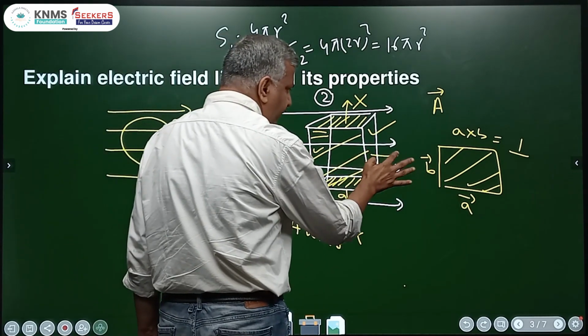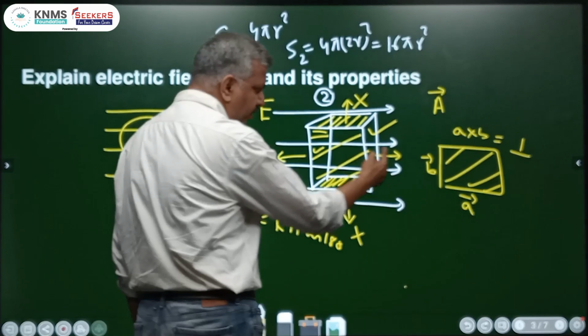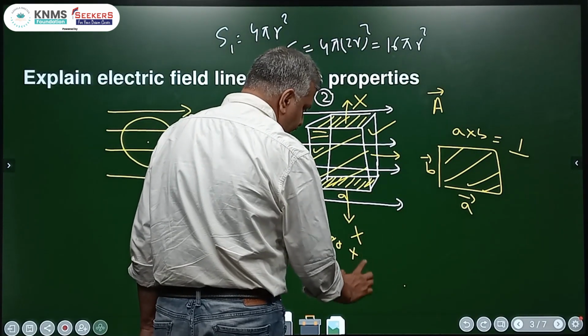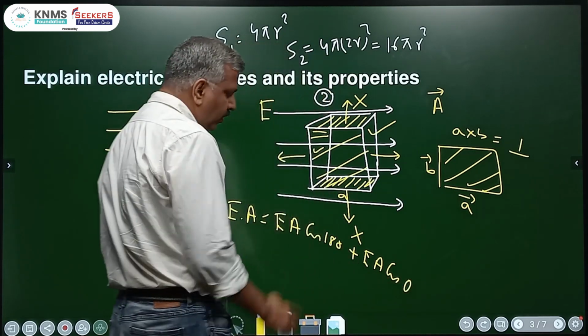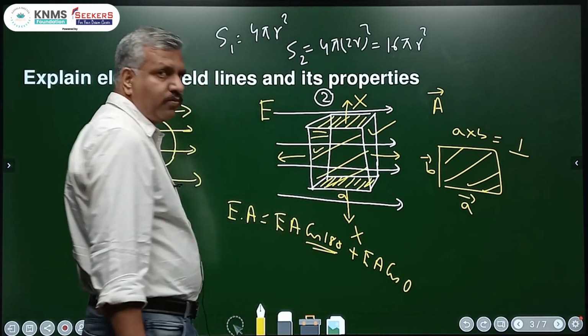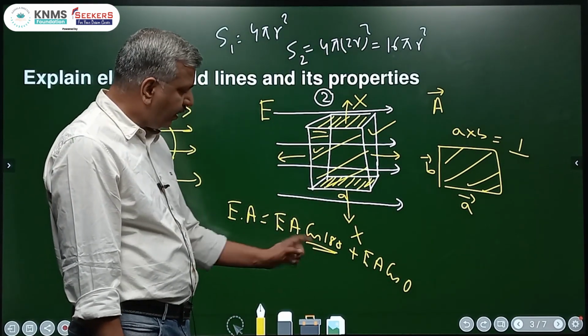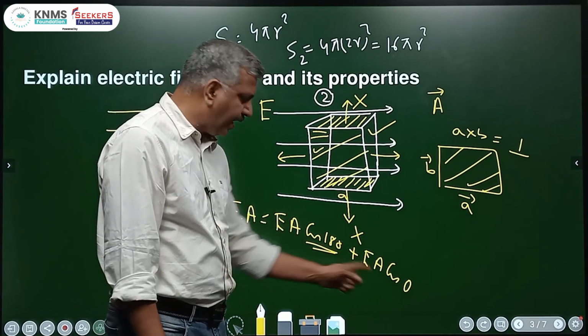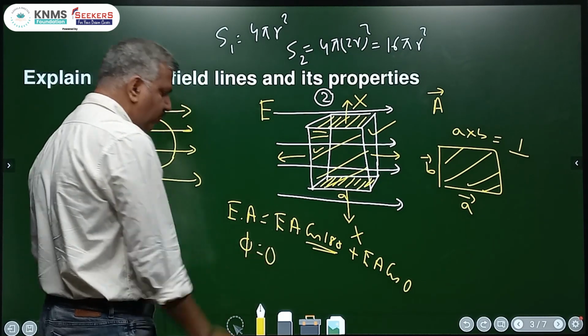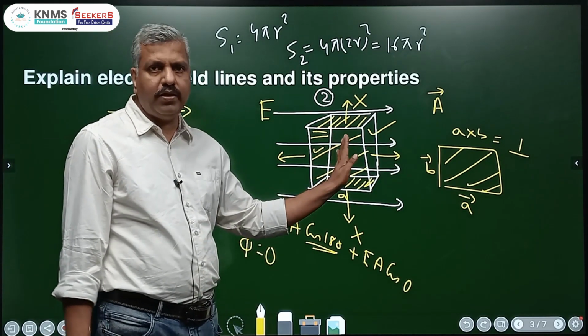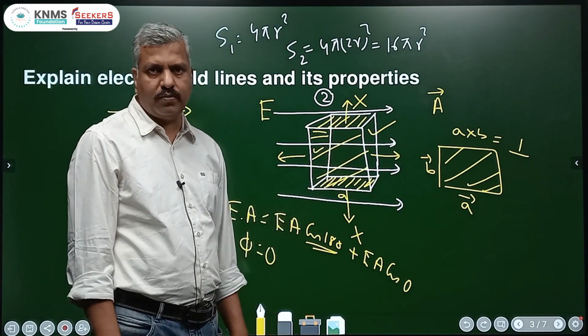For this one, the area vector will be perpendicular to this, and the flux will be EA cos 0. As you know, cos 180 is minus 1. Because cos 180 is minus 1, these two will cancel each other out and the net flux is equal to 0. So the flux through this given cube will be equal to 0.